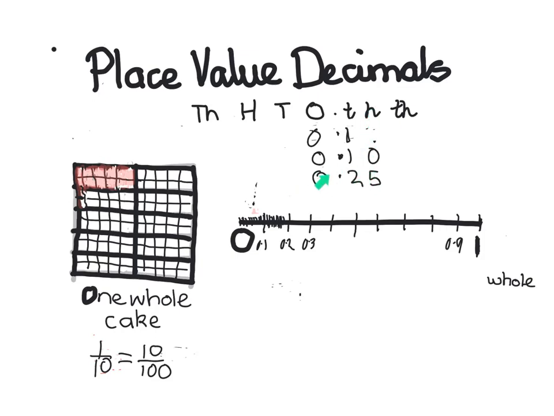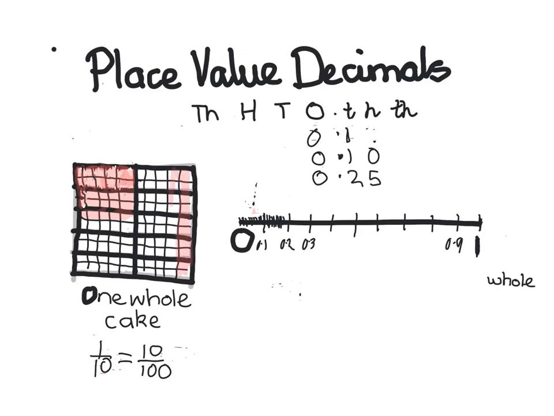25 hundredths. Here I'd have to shade it in. I've shaded in 10. Oh, let's do it red. 10, 25. That would show 25 hundredths. I could have also shown it up and down the way, which maybe makes a bit more sense.